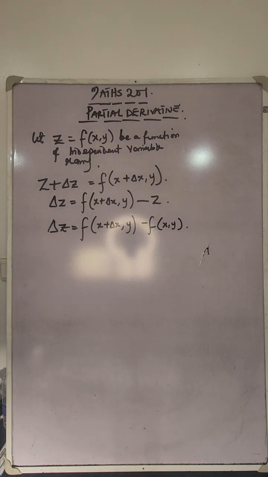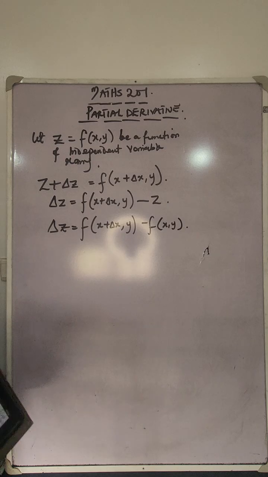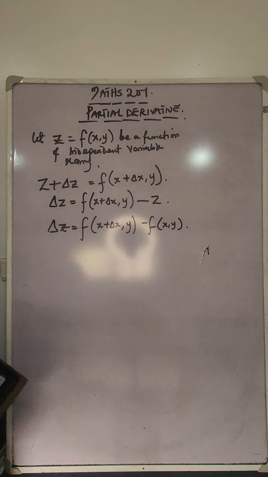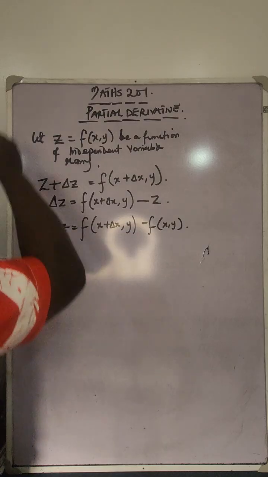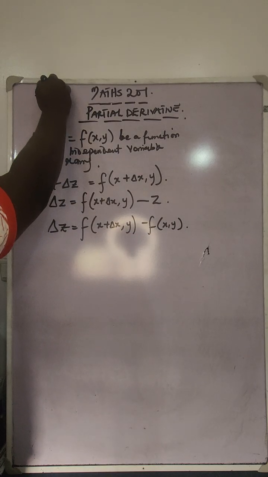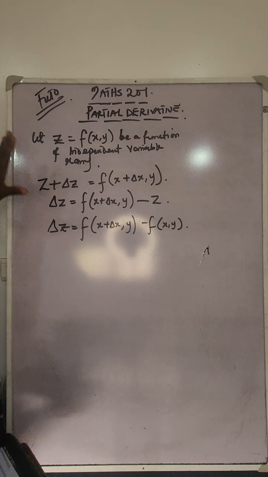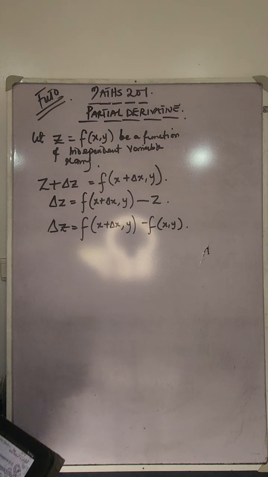Anyway, this is first principle, if you are trying to differentiate from first principle. But because we are doing a CBT exam, photo-based mathematics for Maths 201, we will just be going into the nitty-gritty of partial derivatives. We won't be boring ourselves with first principle.